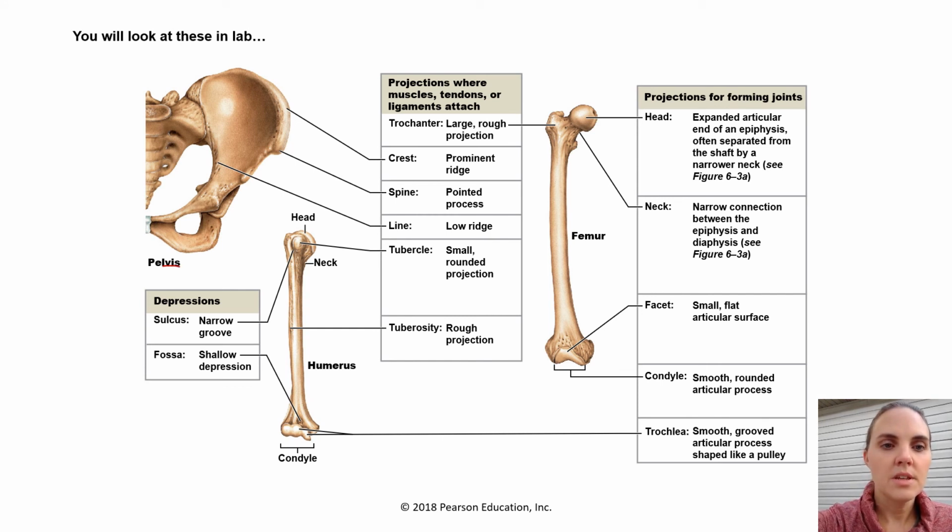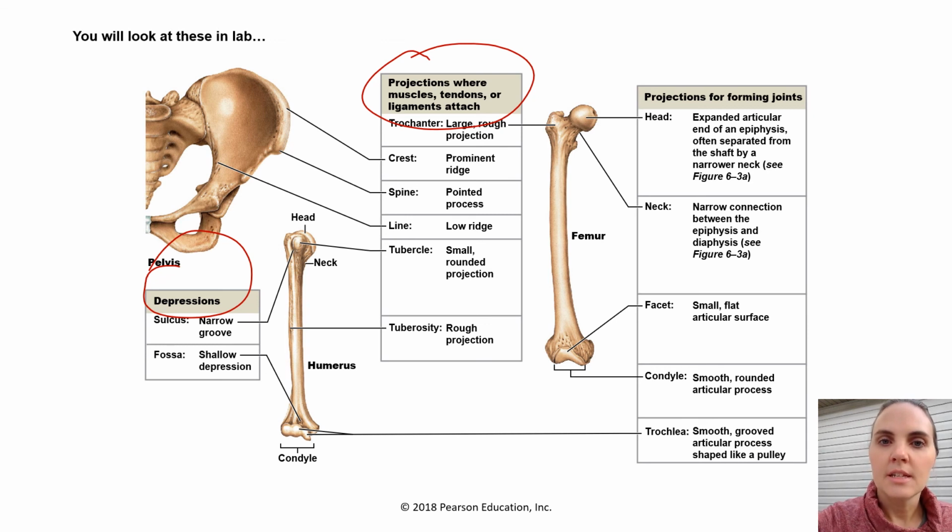Other terms, depressions, including a sulcus, which is a narrow groove, a fossa is a shallow depression, places where we might have muscle or ligament attachment. A trochanter is a large rough projection. A crest is a prominent ridge. A spine is a pointy process.